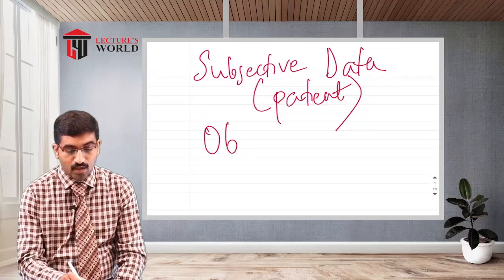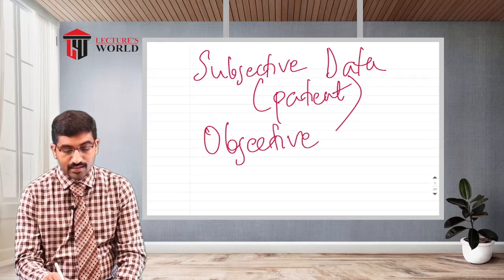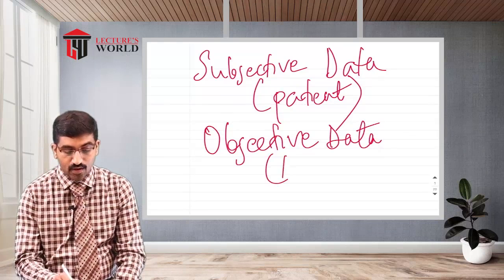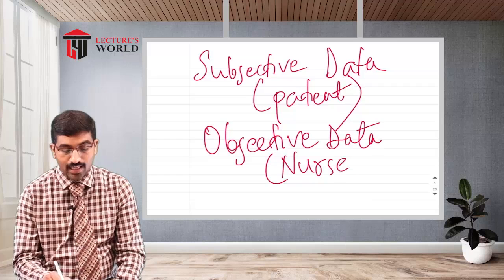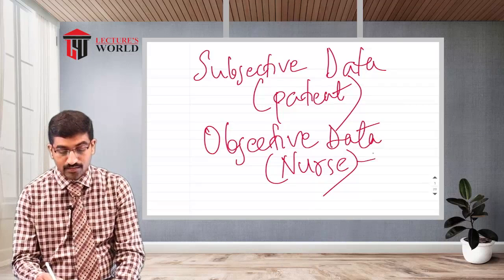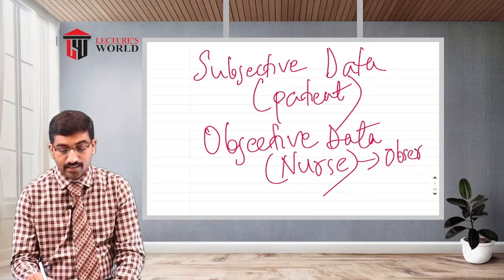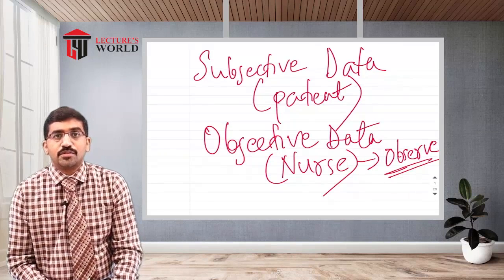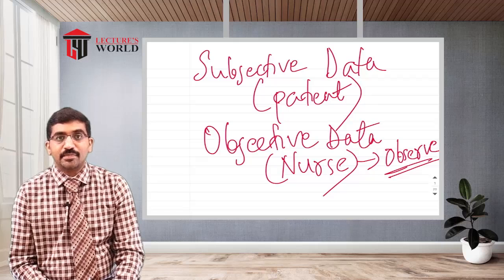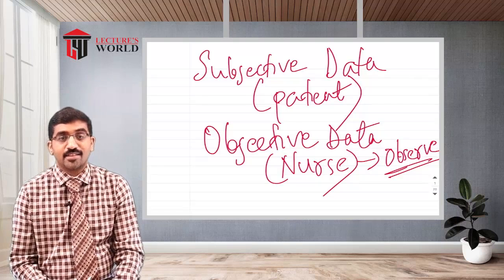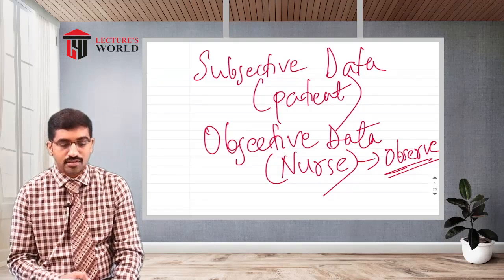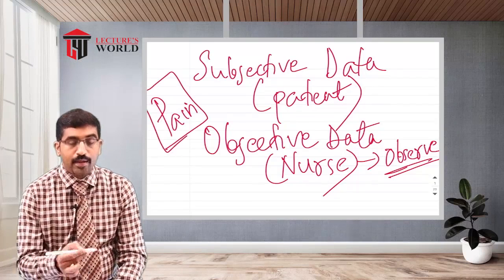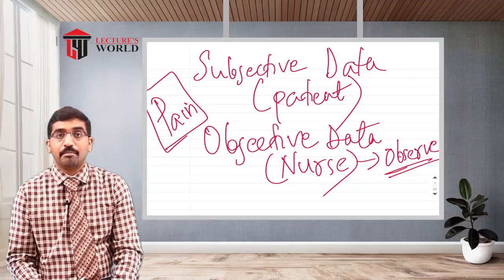Another one is objective data. Objective data is what the nurse, the doctor or any health team member is going to observe. Here we are going to write about observation. For more clarity, let me take one example that everyone knows, which is pain. The patient is telling, I am getting pain.